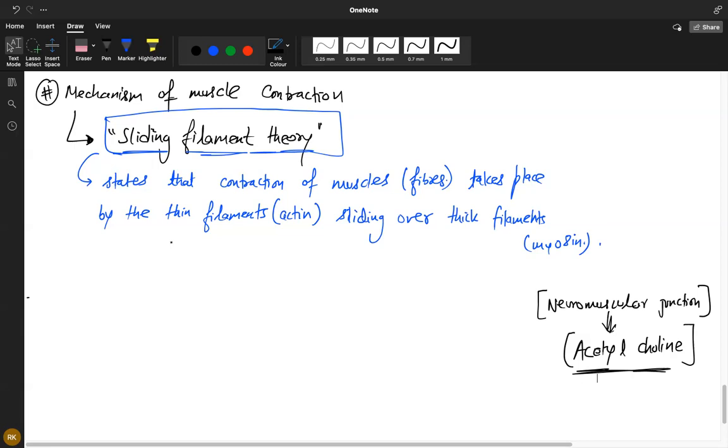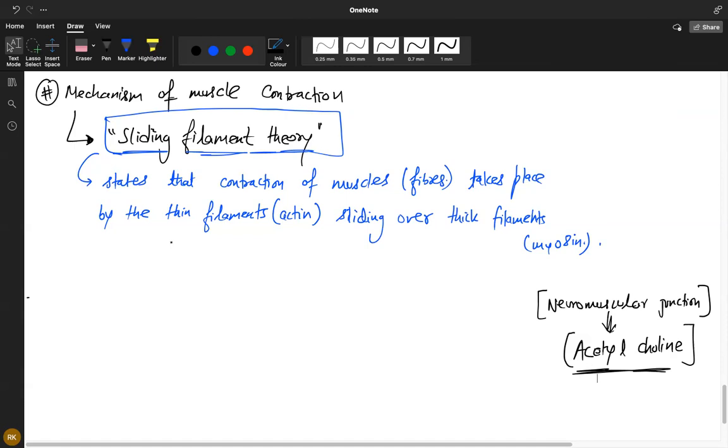And now is the story that will make sense to you. This calcium binds to troponin. Okay, and remember what was troponin doing? Devangi asked that question. Troponin was covering the binding site. So till you were resting, till there was no signal, there was no calcium in the sarcoplasm.